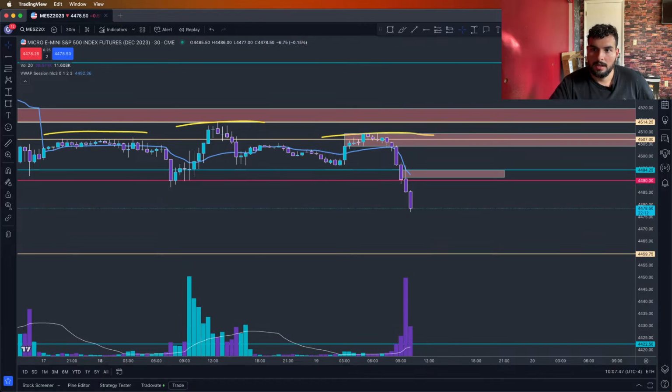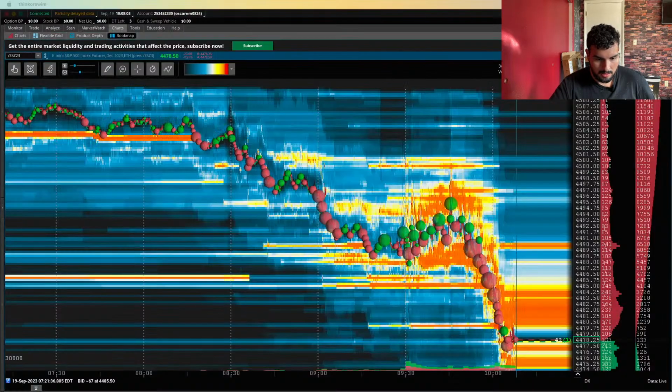Wow, that looks crazy. Show you guys the book map. Look at that move.